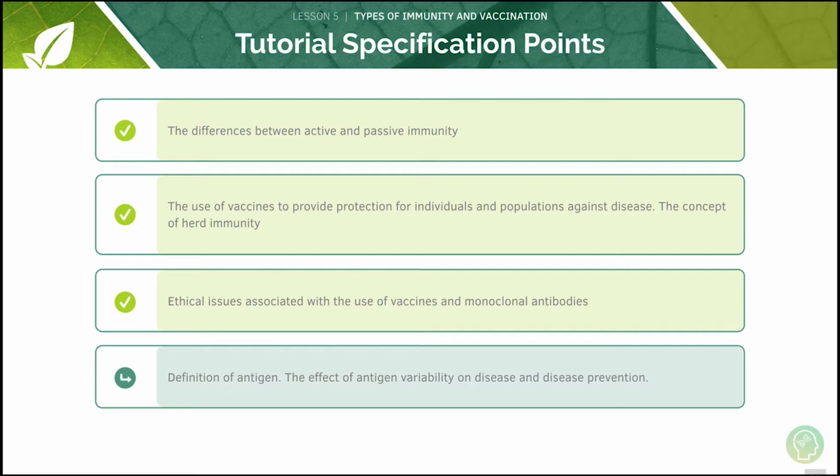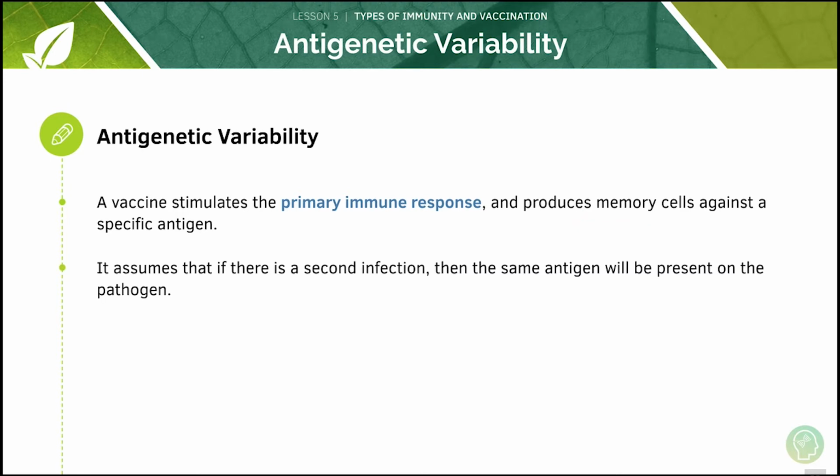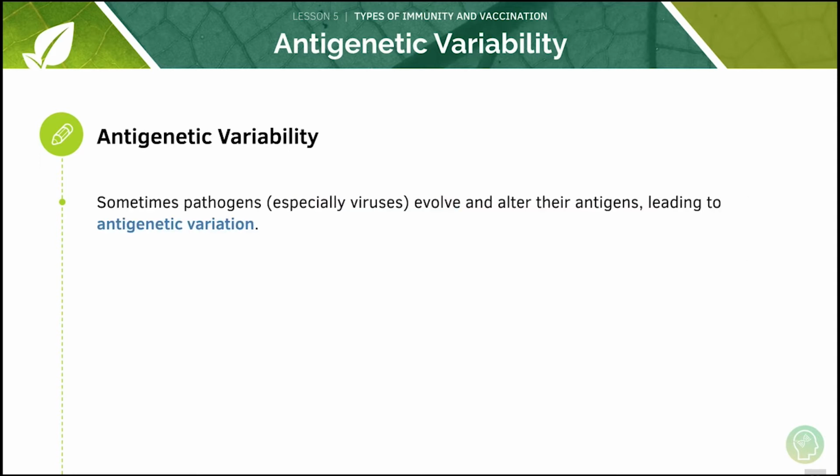Now, let's look at the definition of an antigen. A vaccine stimulates the primary immune response, producing memory cells against a specific antigen. It assumes that if there is a second infection, then the same antigen will be present on the pathogen.